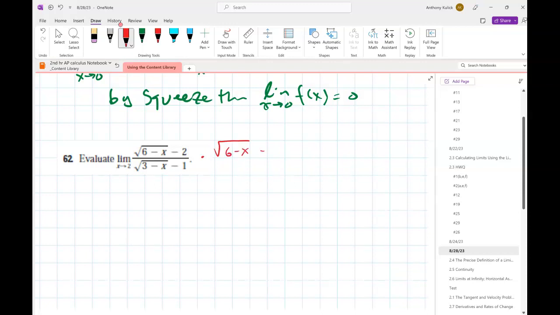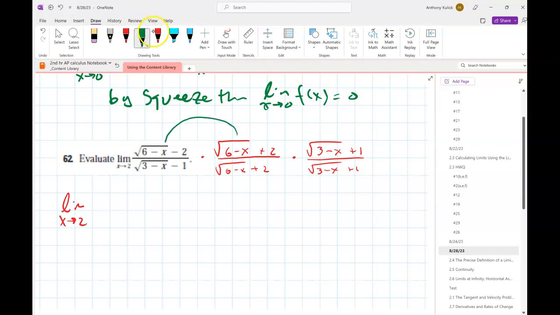6x plus 2 over root 6 minus x plus 2 and root 3 minus x plus 1 over root 3 minus x plus 1. Yikes, but it's not so bad, right?